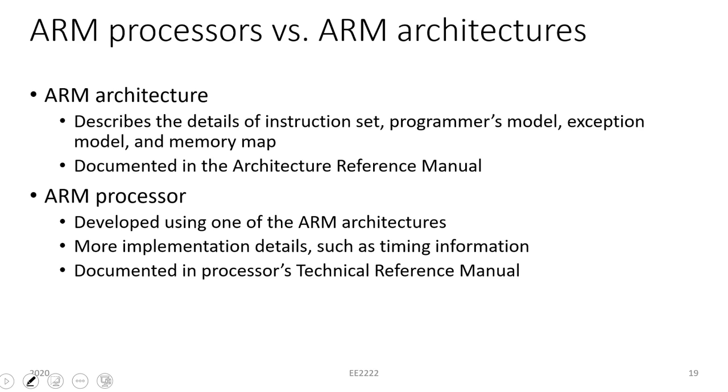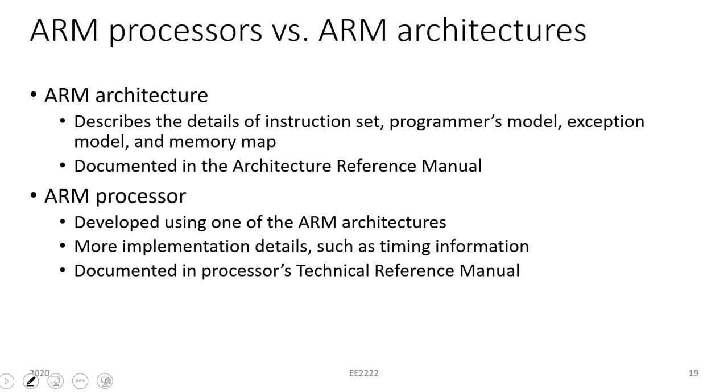One of the other interesting factors about ARM is that ARM, the organization, is responsible for coming up with these new architectures and new revisions of architectures, identifying the instruction sets, programmers' models, exception models, memory maps, and things like that.